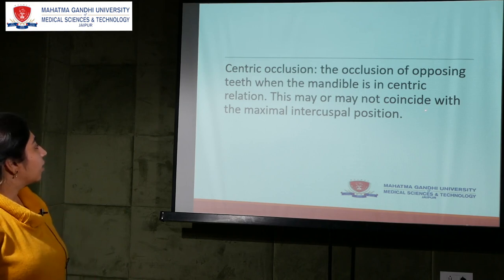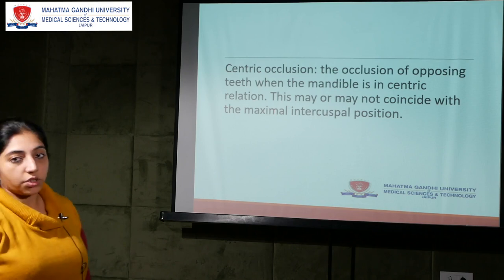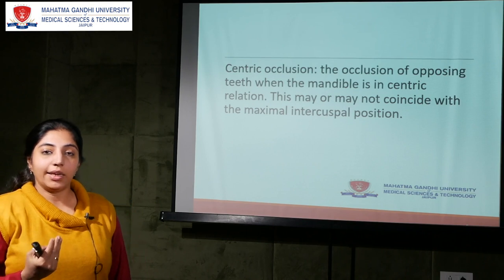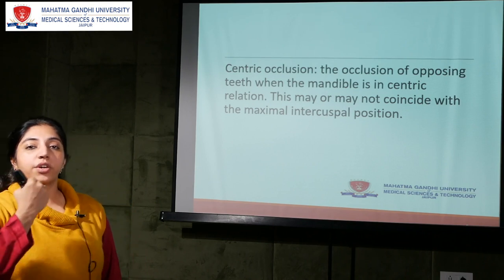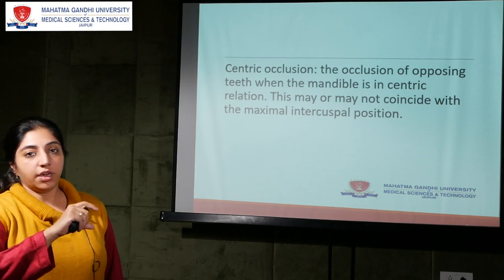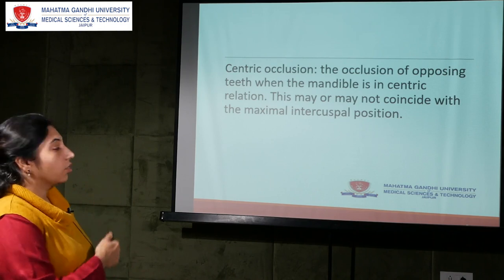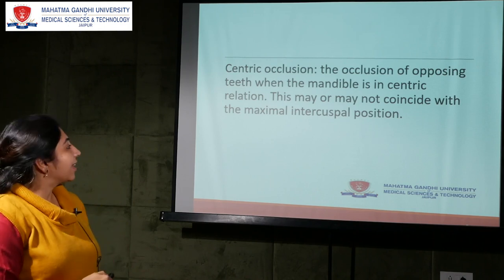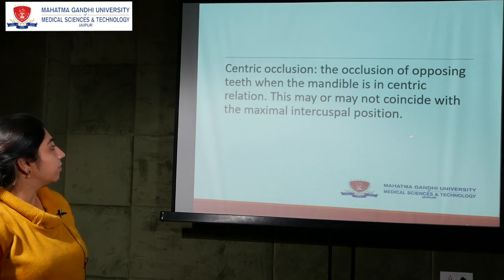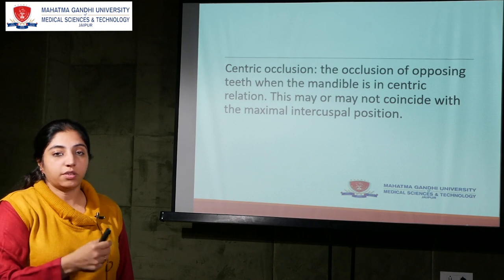This may or may not coincide with MIP, that is maximal intercuspal position. Generally, the maximal intercuspal position lies slightly anterior to the most retruded position. So, since the most retruded position is centric relation, whatever occlusion is developed in that relation is called centric occlusion, whereas it is slightly more retruded or may not coincide with the maximum intercuspal position found in the dentulous patients.